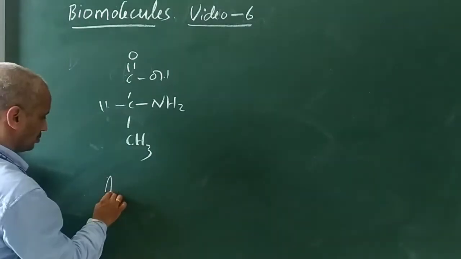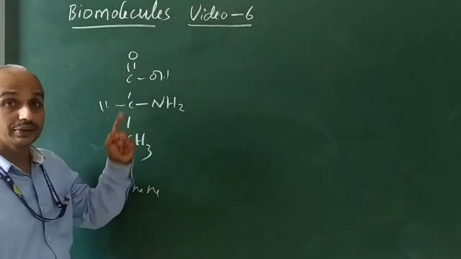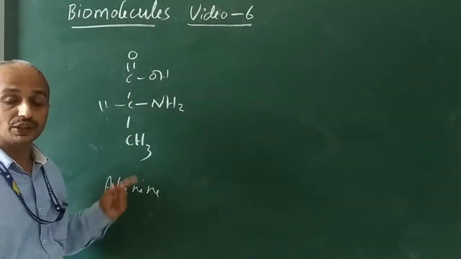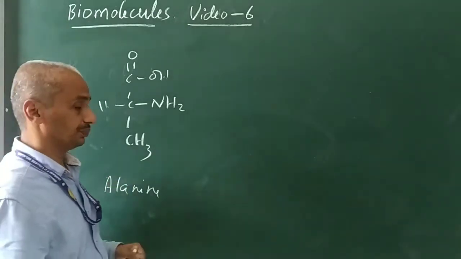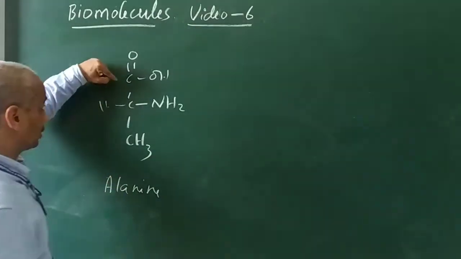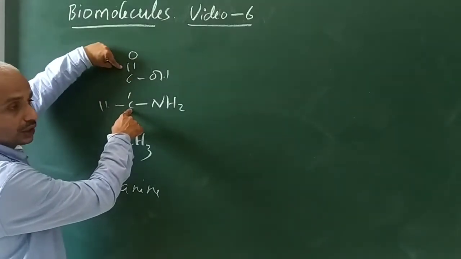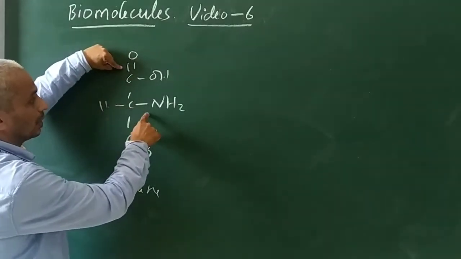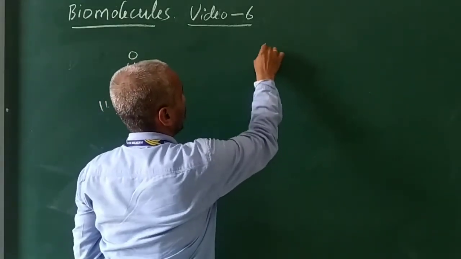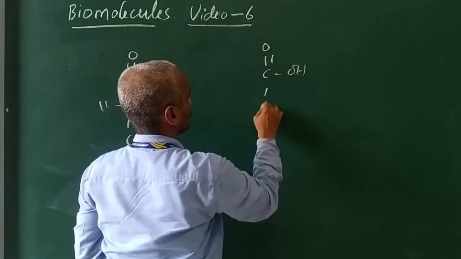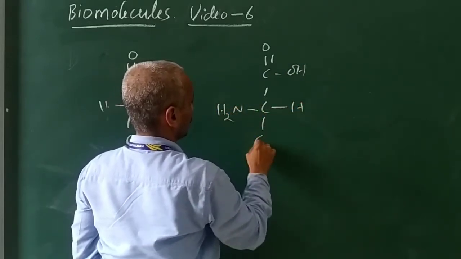Alanine, which is an amino acid, an alpha amino acid, because this is the carbon that contains the functional group, the COOH group. And what about this? COOH, CHNH2, CH3.